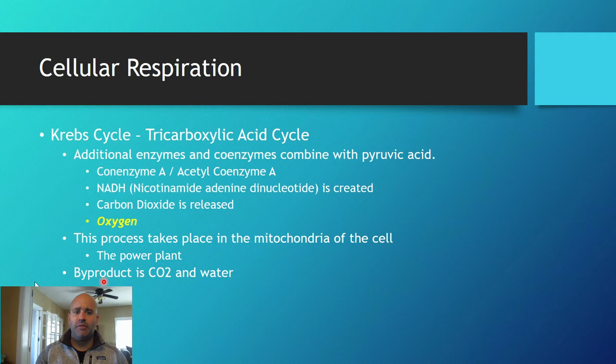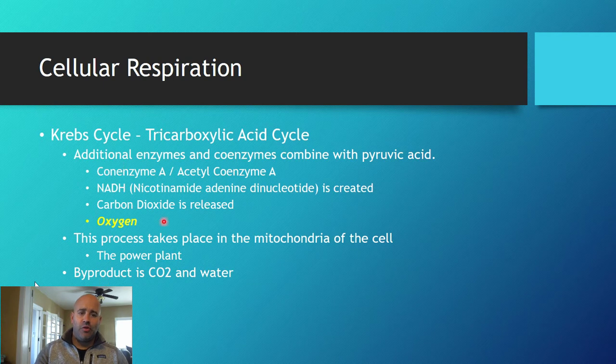That's nicotinamide adenine dinucleotide. Just call it NADH, all right? You'll see why that's important in just a second when we get into the electron transport system. When this happens, this is called the Krebs cycle, the citric acid cycle. Carbon dioxide is actually released, all right?